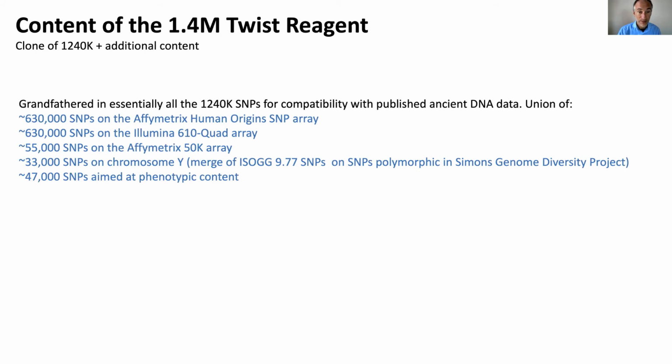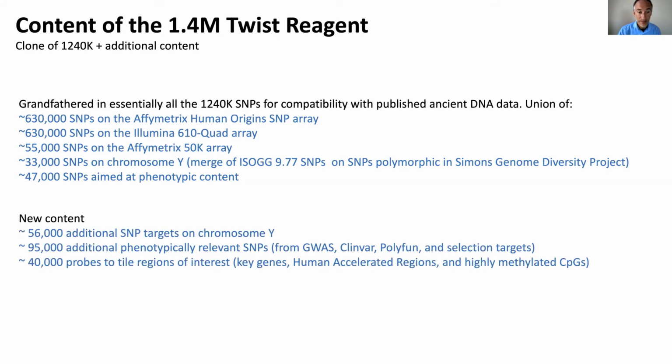About 33,000 SNPs on chromosome Y. And about 47,000 SNPs aimed at additional phenotypic content supplementation. What we've added is 56,000 additional SNPs targeting chromosome Y, 95,000 additional phenotypically relevant SNPs from a variety of mechanisms of identifying them, and 40,000 probes to tile additional regions of interest, like key genes where we wanted to be able to detect complex variation, complex polymorphisms, new variants, human accelerated regions, and highly methylated CpG sites for methylation analysis of ancient individuals.